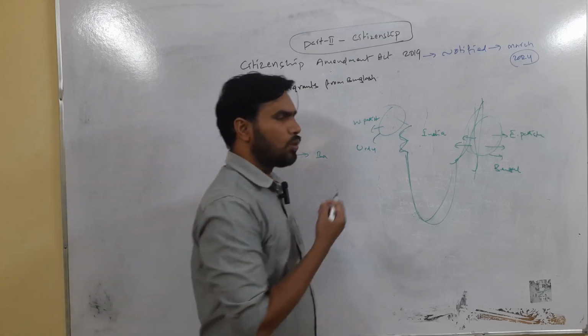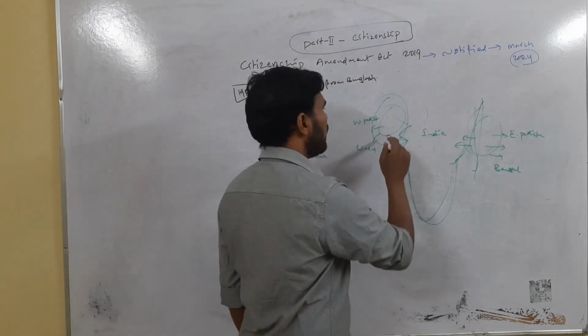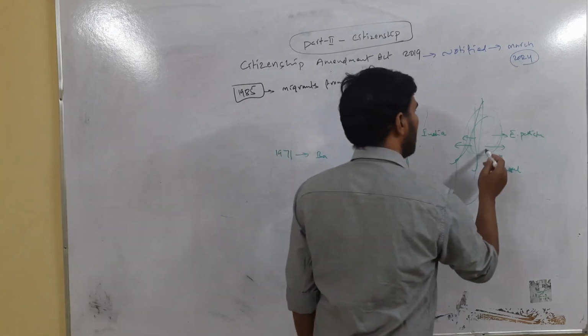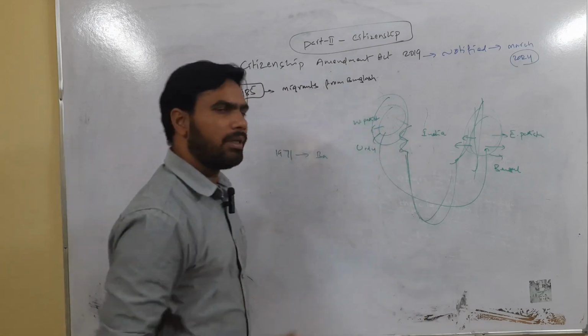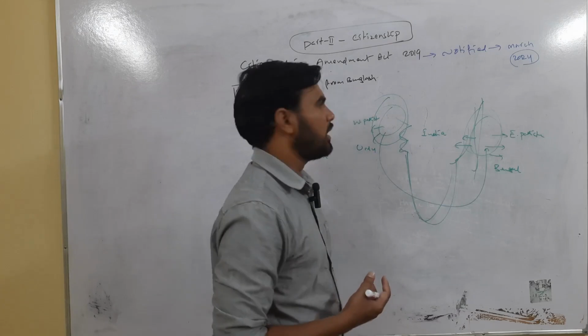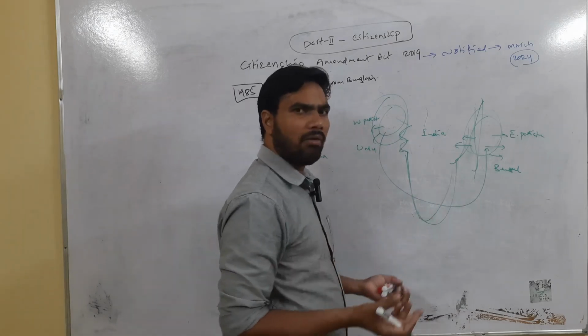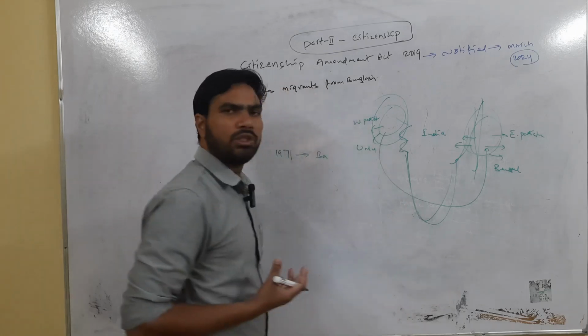So what did the West Pakistani leaders start doing? They started imposing their culture, their language, their habits, their ideals on the people of East Pakistan. Then tensions arose between these two regions.